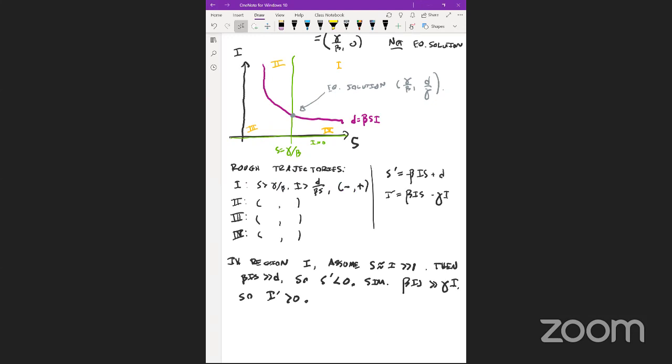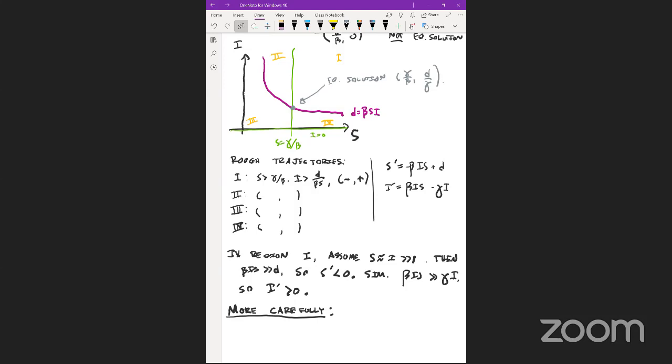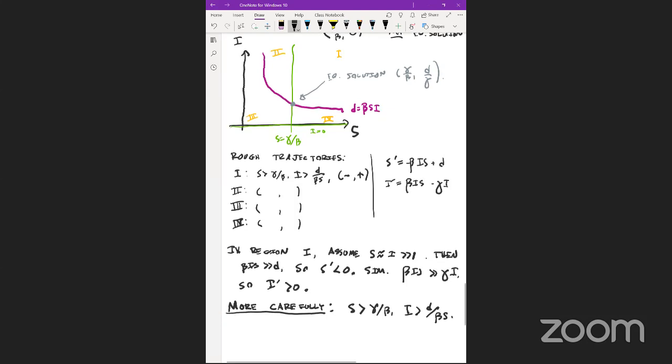More carefully, if we have S greater than gamma over beta, and I greater than D over beta times S, then we can actually try to work these out within these equations, right?